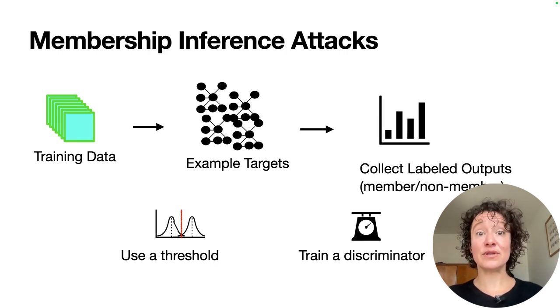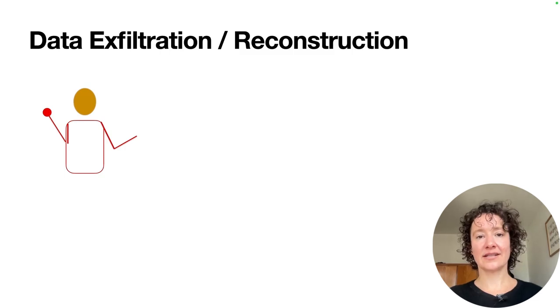But this can then be used to determine, was this person's data, or was this data, it doesn't have to be a person's data, was this data in the training data or not? And this can teach us something. So we can use this information, maybe based on the model, to infer something about the person or the people or the songs or books, right? Or we can use this to build more advanced attacks.